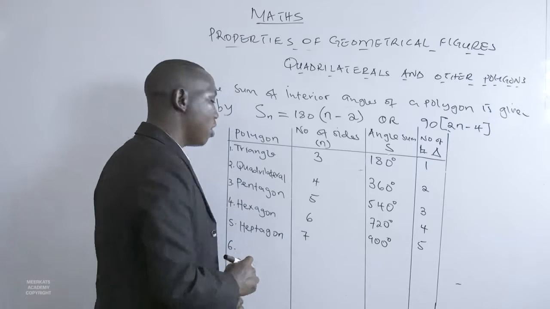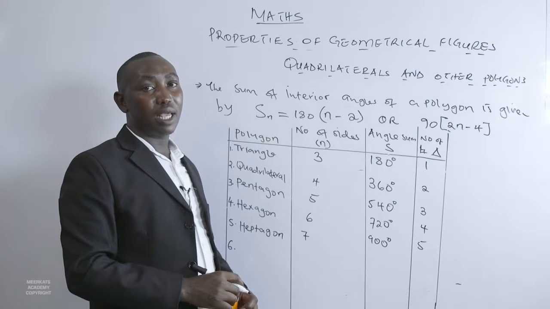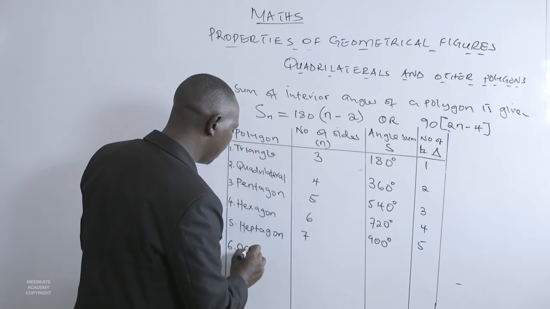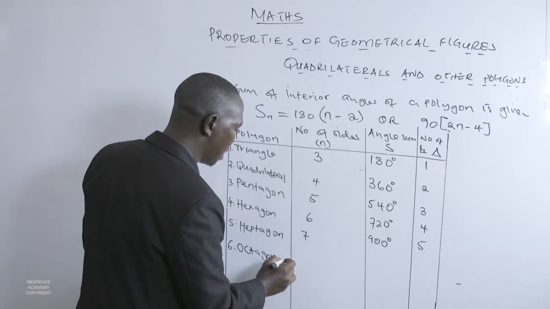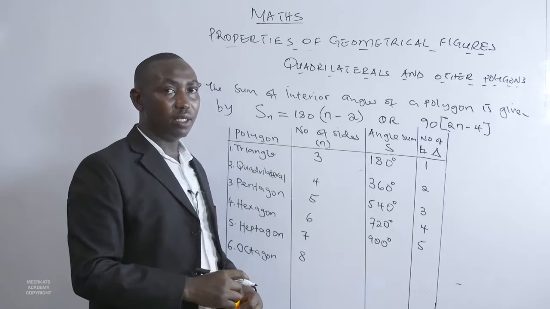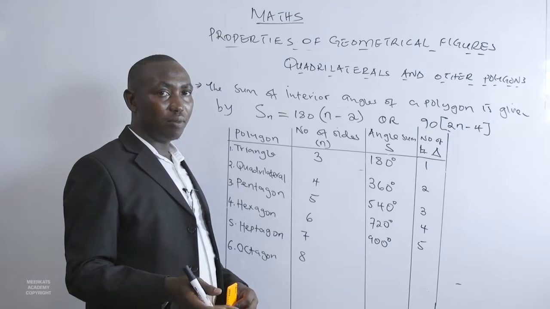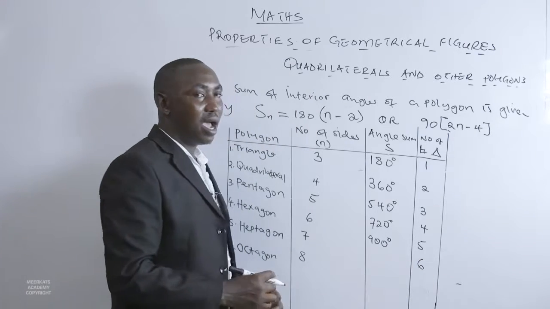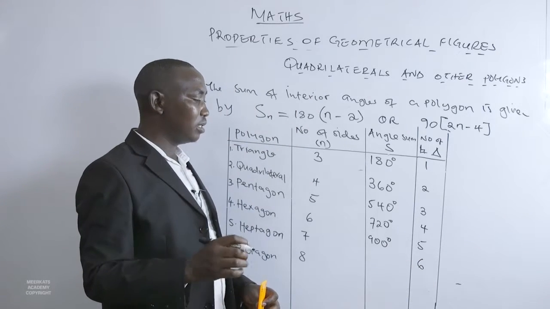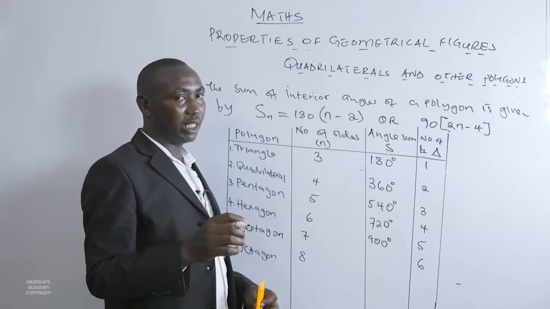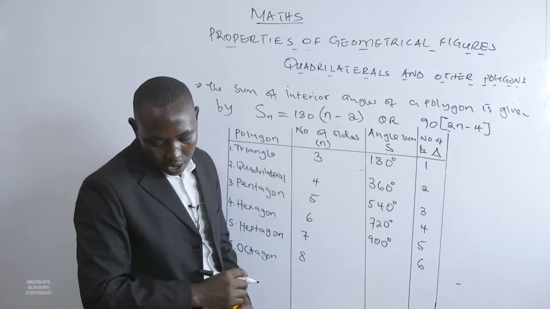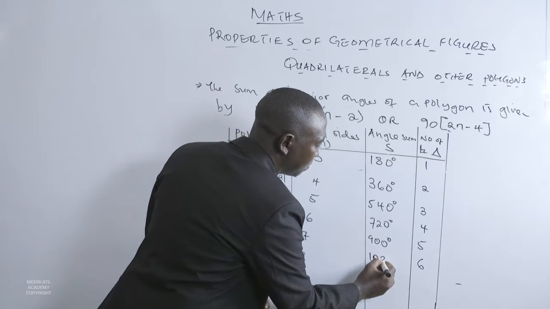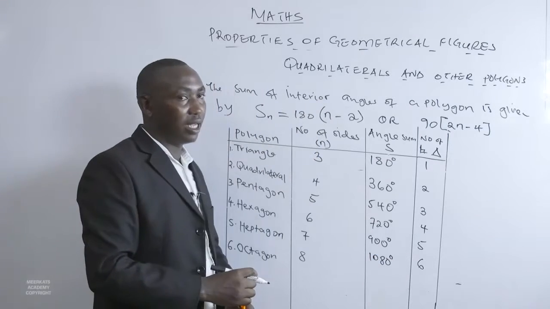Number 6, we have one that has got 8 sides. It's called an octagon. We are saying it has got 8 sides. Number of triangles, 8 minus 2, which will be 6. And therefore, the sum of interior angles will be 6 multiplied by 180, which will give us 1080 degrees.